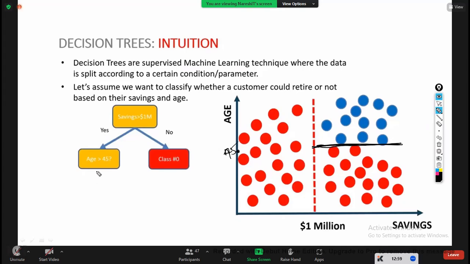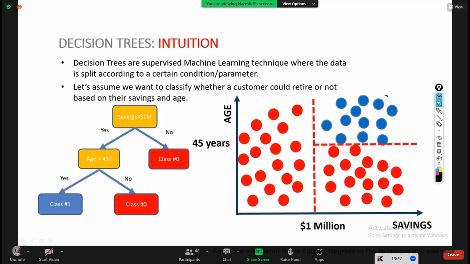If the age is greater than 45, what is the answer? Blue is the answer. And if the age is less than 45, what is the answer? Red. Simple. So the same thing will be taken.